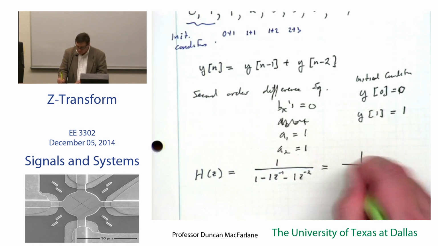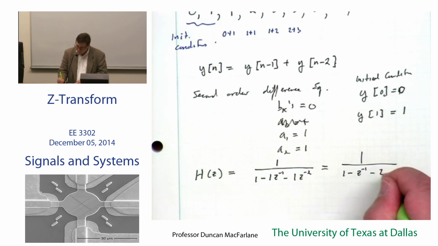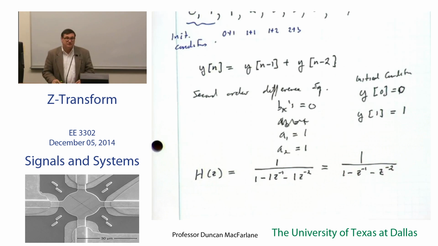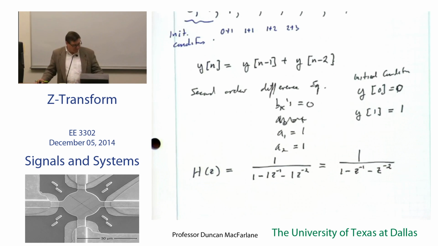That looks a little clunky, so I'll write it again a little more simply. So there's the H of z, and you can imagine the signal flow diagram following directly.